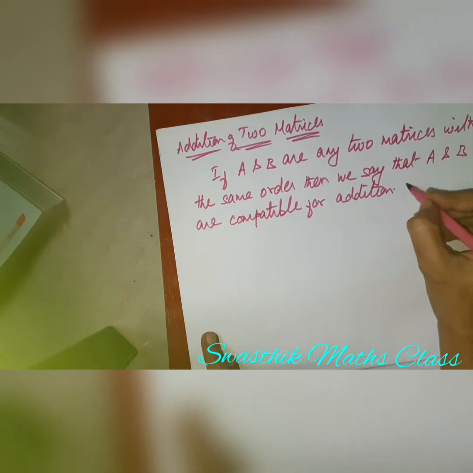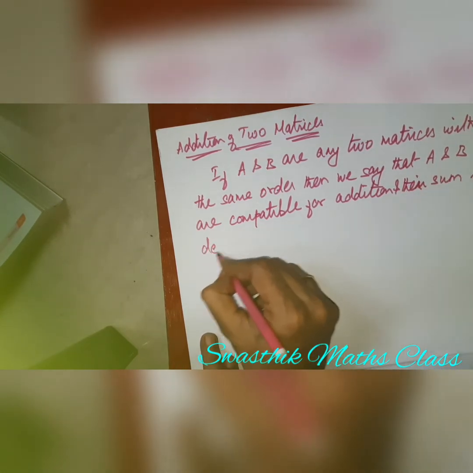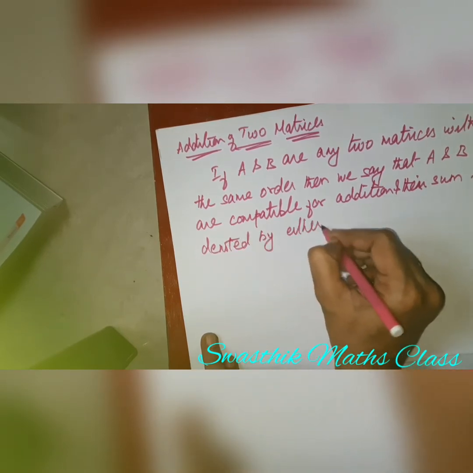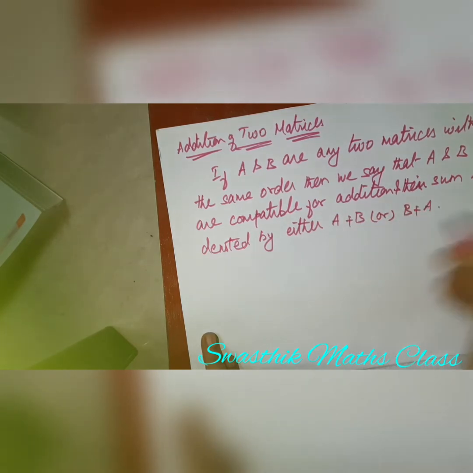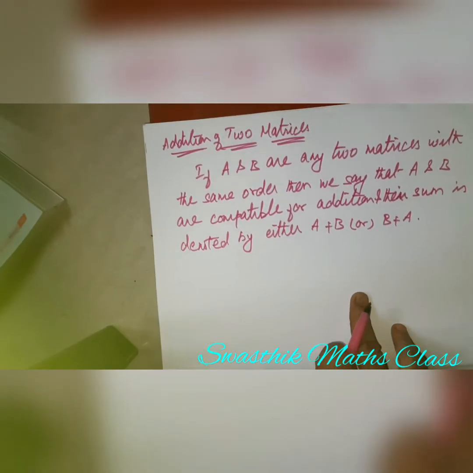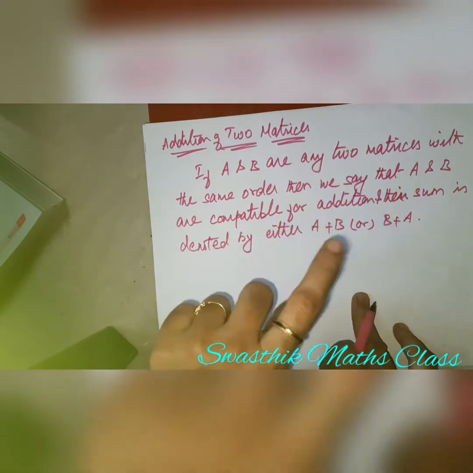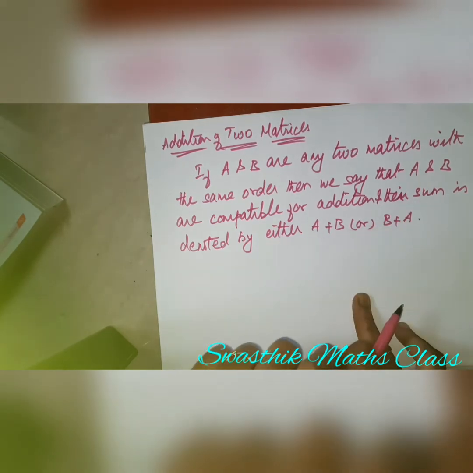Right? And their sum is denoted by either A plus B or B plus A, right? So what is said here? If A and B are two matrices with the same order, then only the addition is possible. Addition is denoted either like this A plus B or by B plus A.